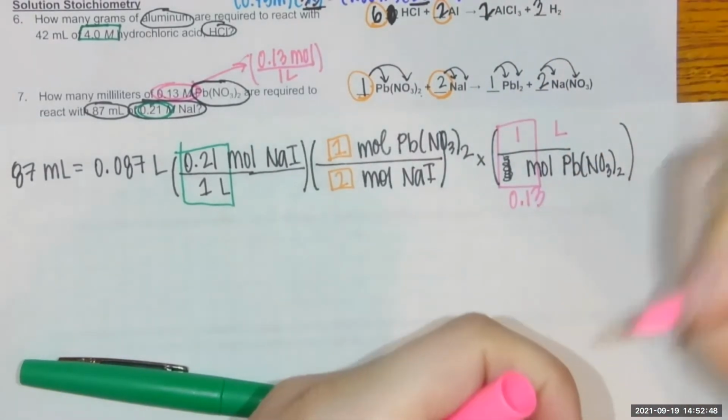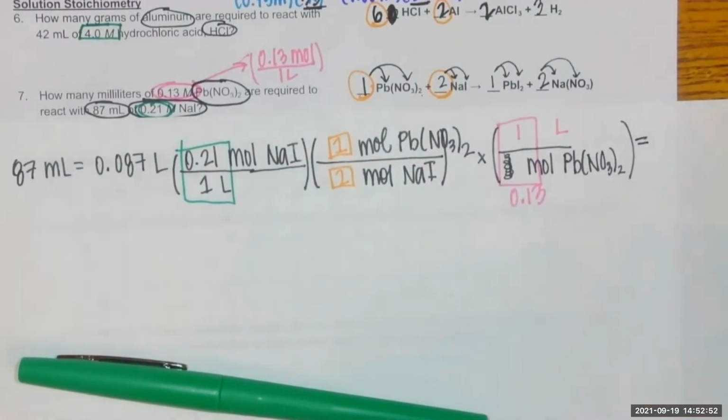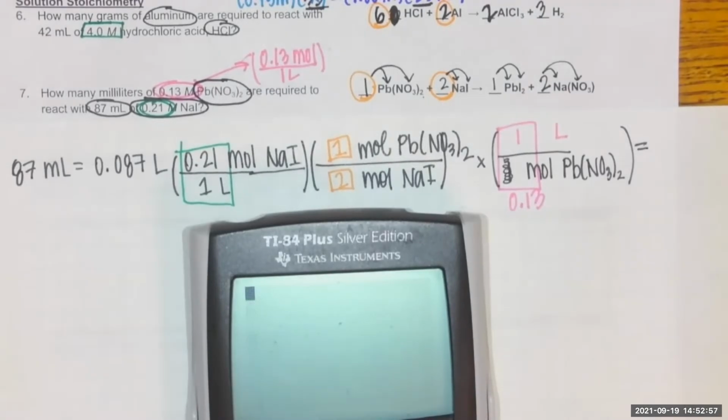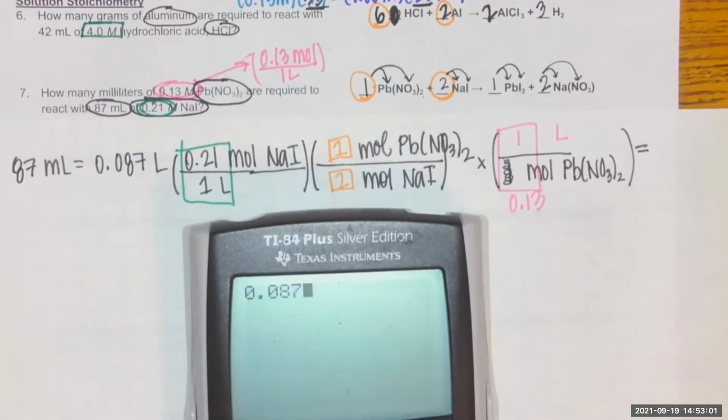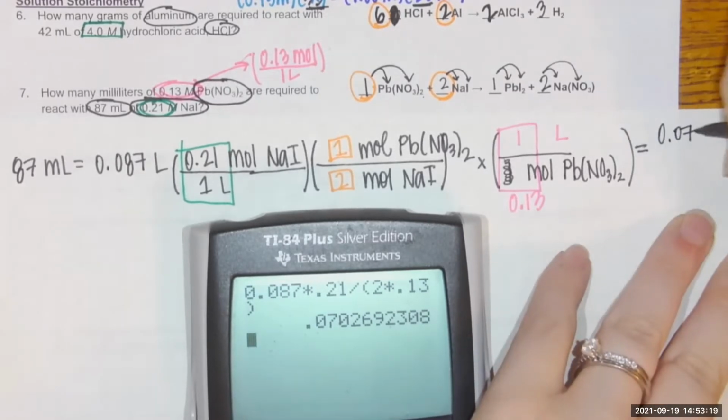This is going to get me my answer in liters, and then I'll just convert it to milliliters. 0.087 times 0.21 divided by 2 and 0.13 in the denominator. So I'm getting 0.070.